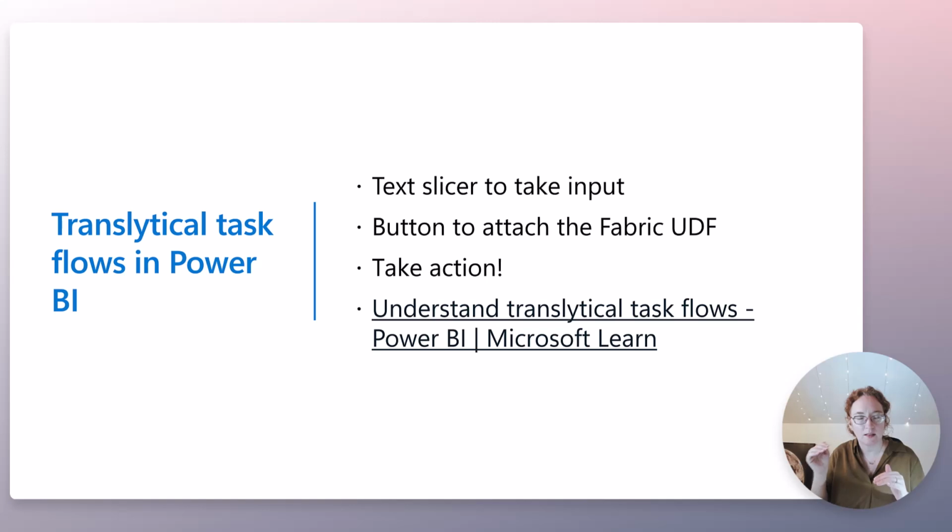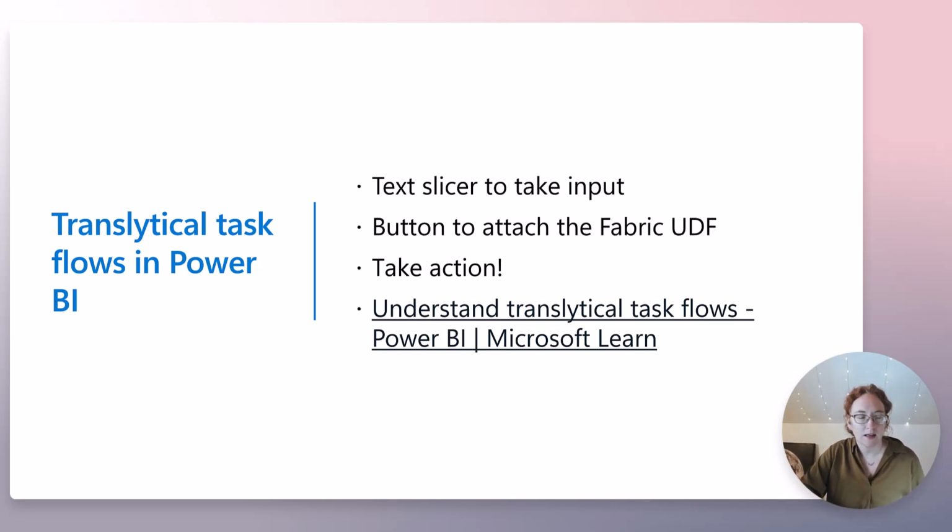You can tie that text input into a parameter that is associated to that UDF. And you can also filter data and bring that data from those filter actions via measures. So you create the measures to get the selected values from the filters you've picked. And then it packages it with a button click to send the parameter and run that UDF that we just created in Fabric, which is really cool.